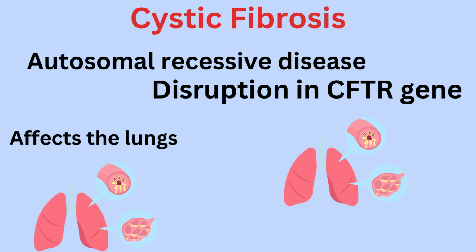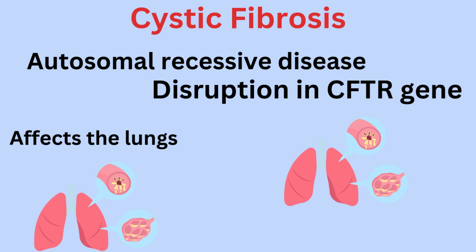It is a disease that affects the CFTR gene, which is important for coding the protein that is essential for salt and water distribution in the body. If the cells don't get an equal amount of salt and water distribution, it can lead to different types of problems, like lung problems and other organ problems in the body.